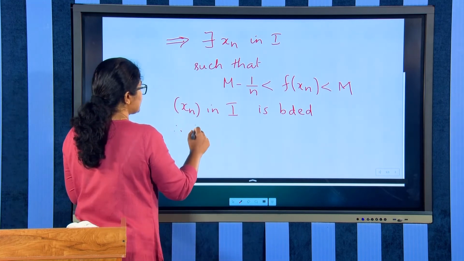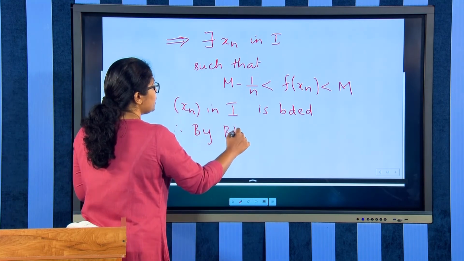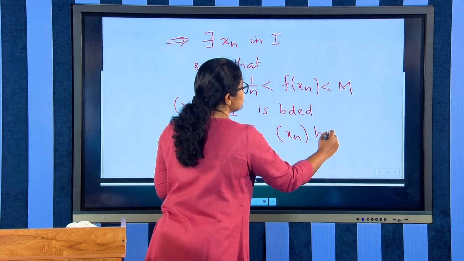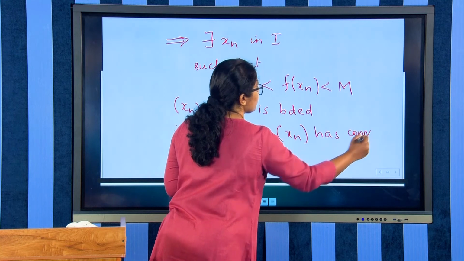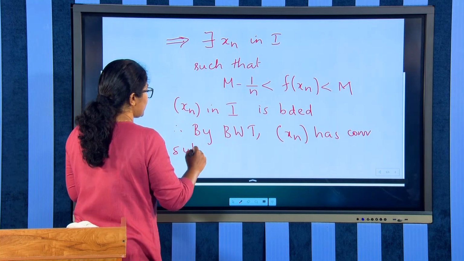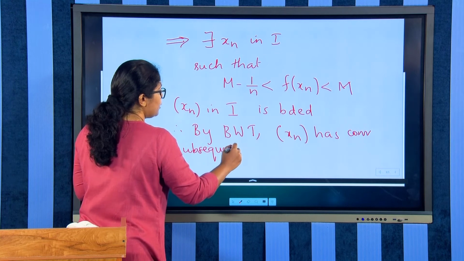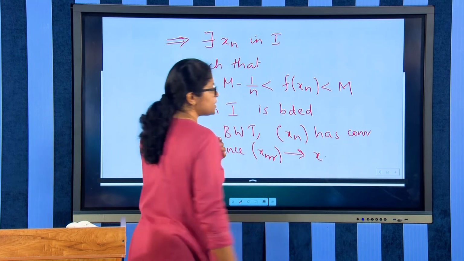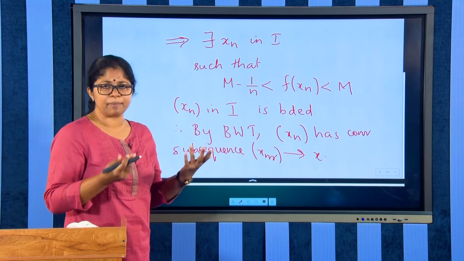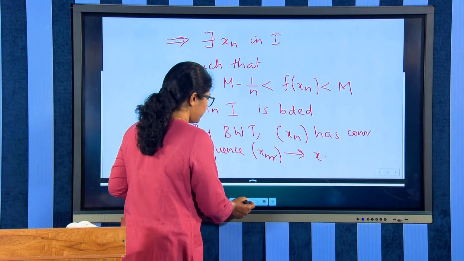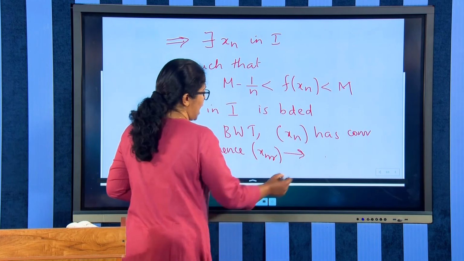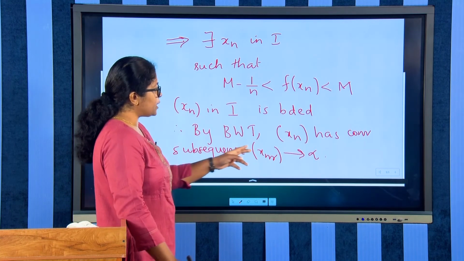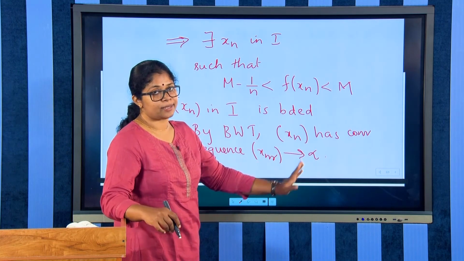Therefore, by the Bolzano-Weierstrass theorem, this sequence xn has a convergent subsequence, say xnr, which converges to some number, say alpha. So xnr definitely has a limit.